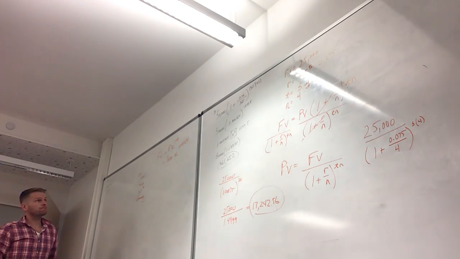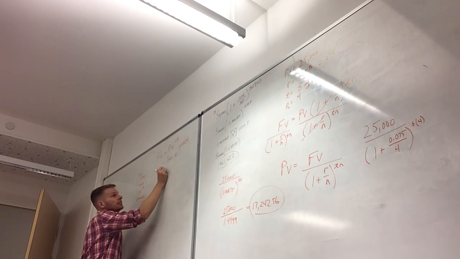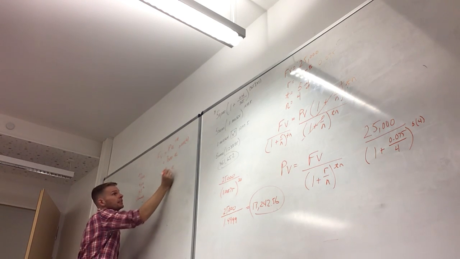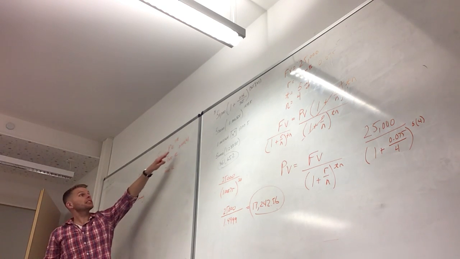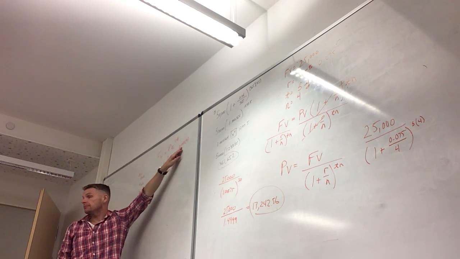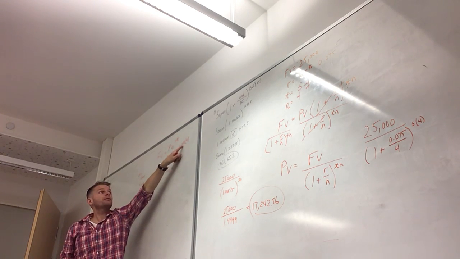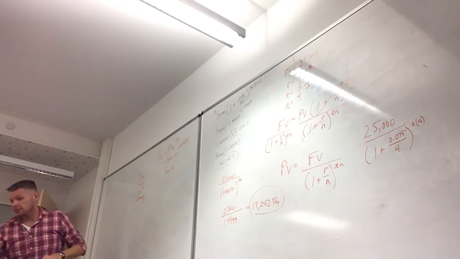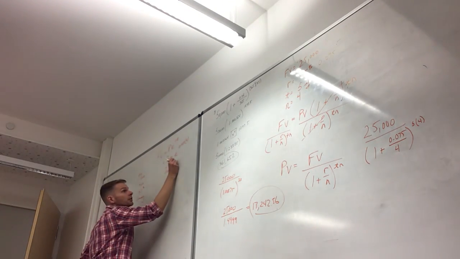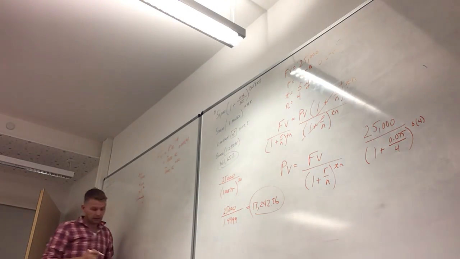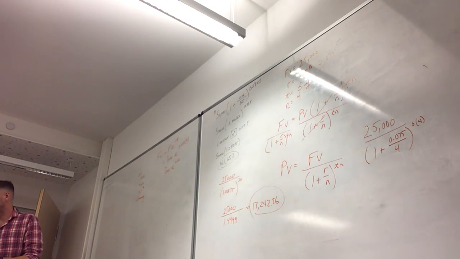First, we'll do the exponent. 0.055 times 4 is 0.22. Did I show you the e button on your calculator? Yes.